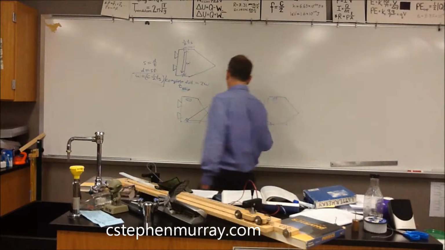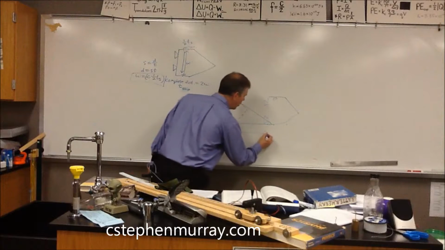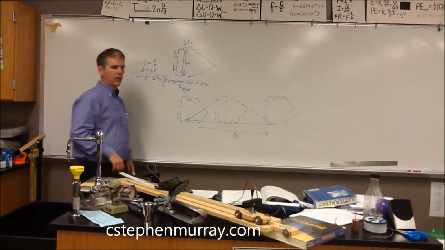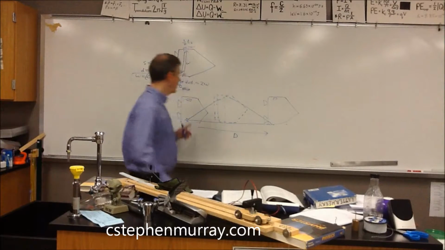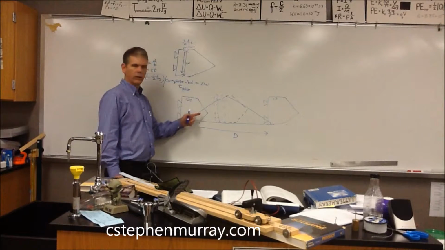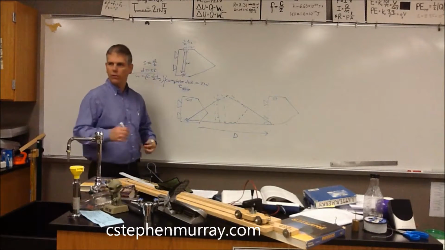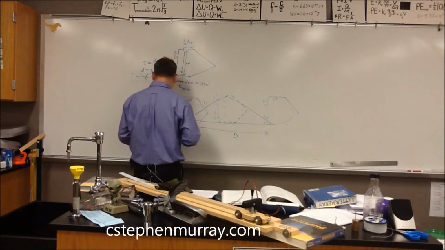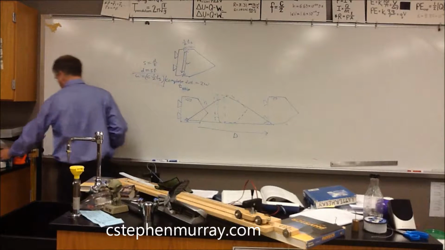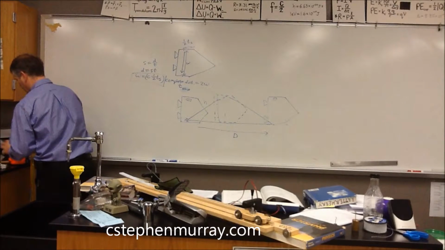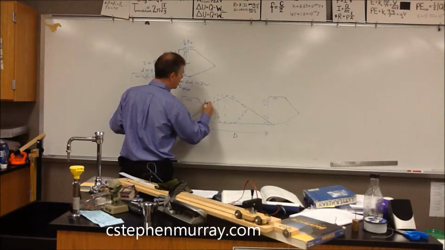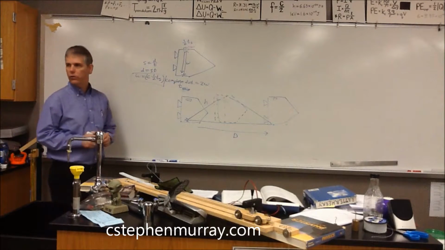Now, we could call this entire distance the distance that the ship moves. But we're really going to be interested in this right triangle that we have here. So let's look at these parts of the right triangle. I'm going to call this H, for the hypotenuse.